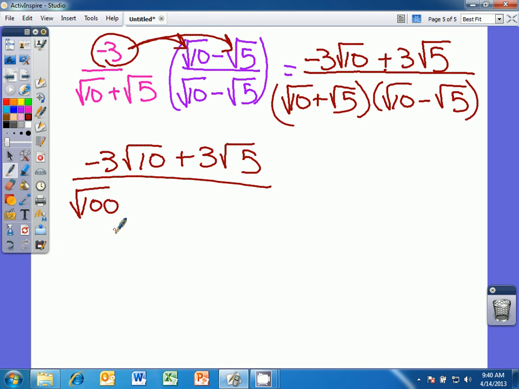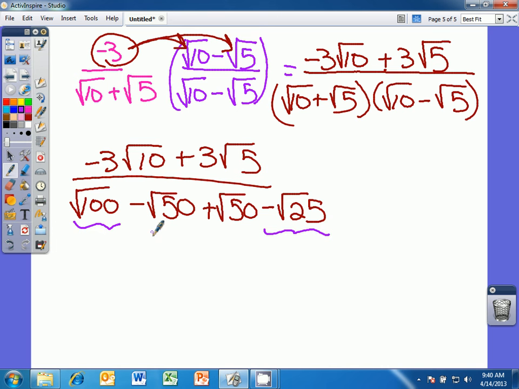My outer terms, radical 10 times negative radical 5, that becomes a negative radical 50. My inner product is a positive radical 50. And then my last becomes a negative radical 25. So you see, just as in our last example, these are perfect squares, and then these terms are opposites, meaning they're going to end up canceling each other out.